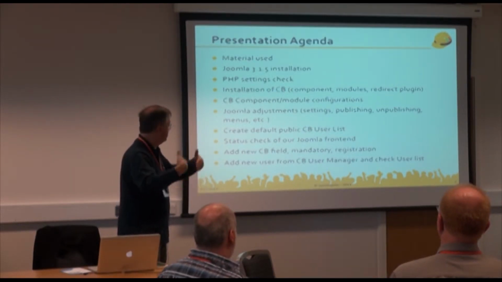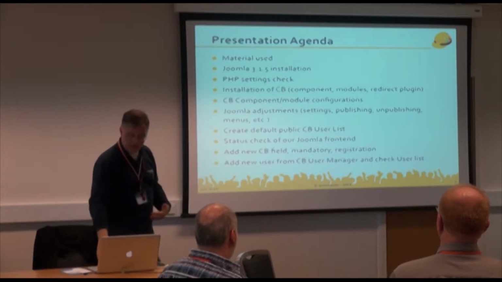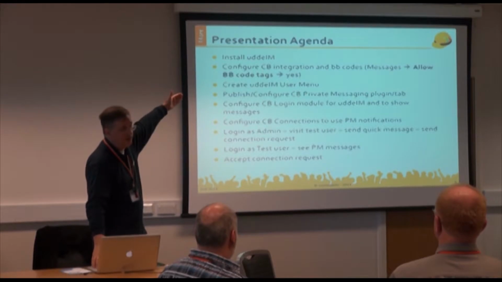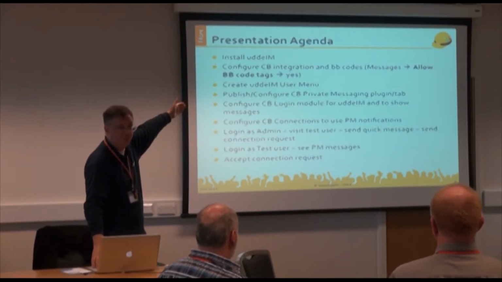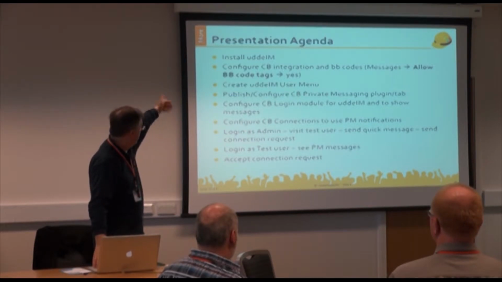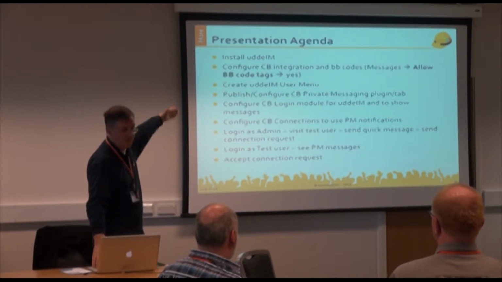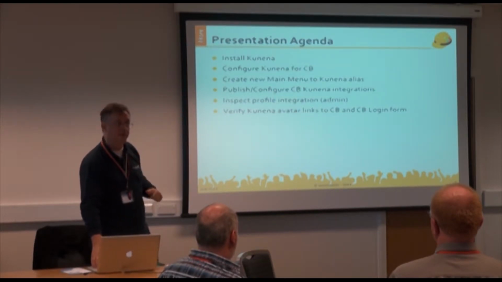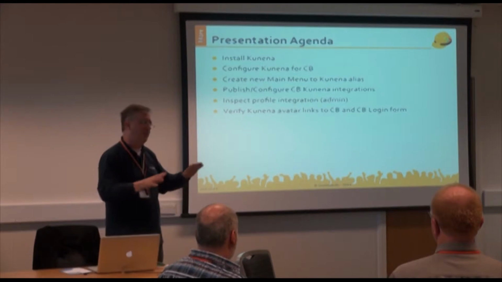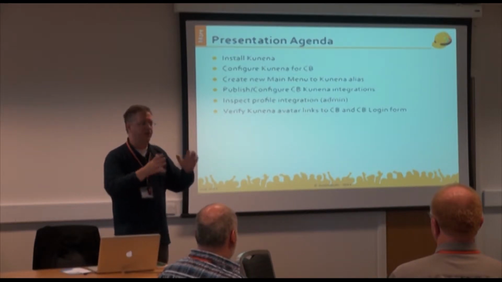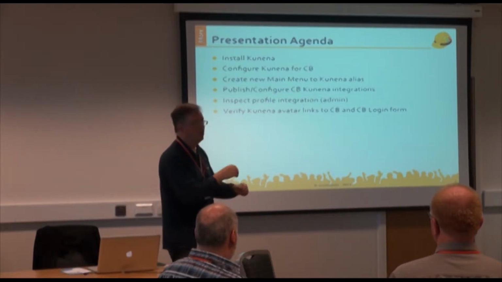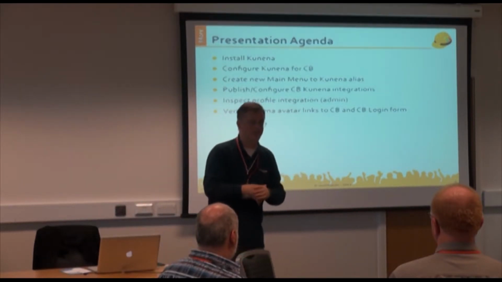And I'll continue adding some features in Community Builder, and then I'll go install uddeIM, do some configuration there to make sure it works with Community Builder. I'll make some tests just to make sure everything works. Okay. Then I'll go with Kunena, and so on. Okay, so we'll end up having a nice Joomla 3.1 site integrated with Community Builder, uddeIM for private messaging, and Kunena, and everything will work together.